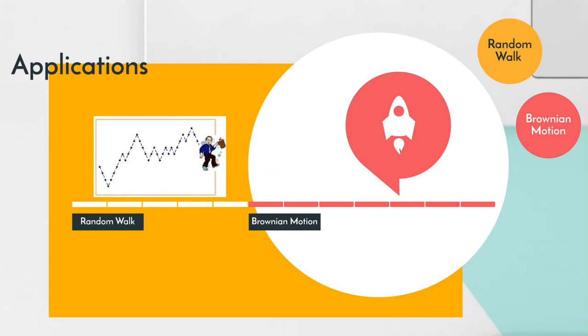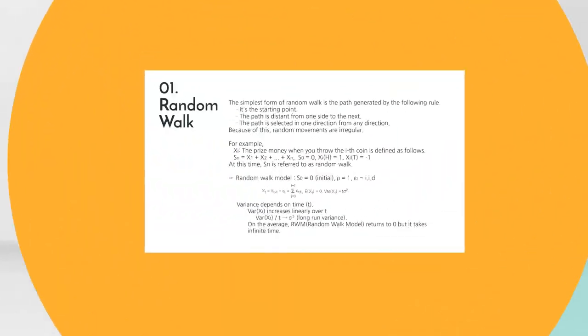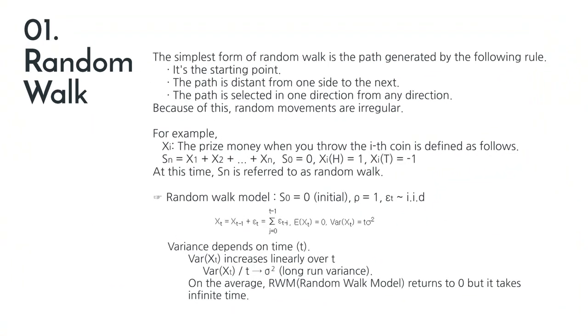Now let's look at the usage model created using the stochastic process. There's usually random walk and Brownian motion. The first, random walk, is the simplest form of the path generated by the following rule.